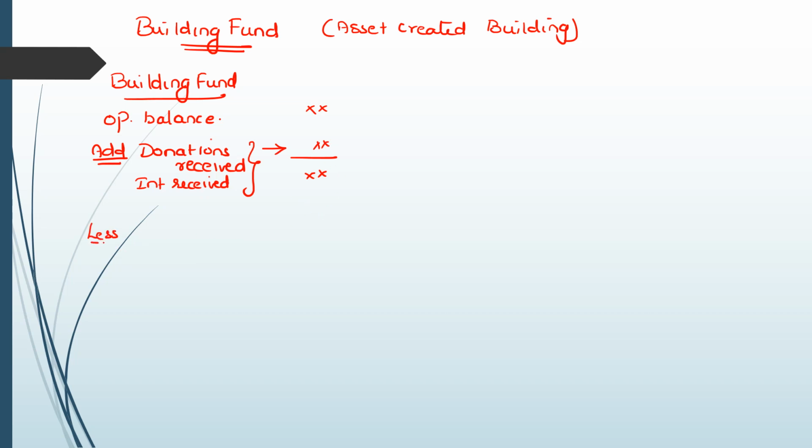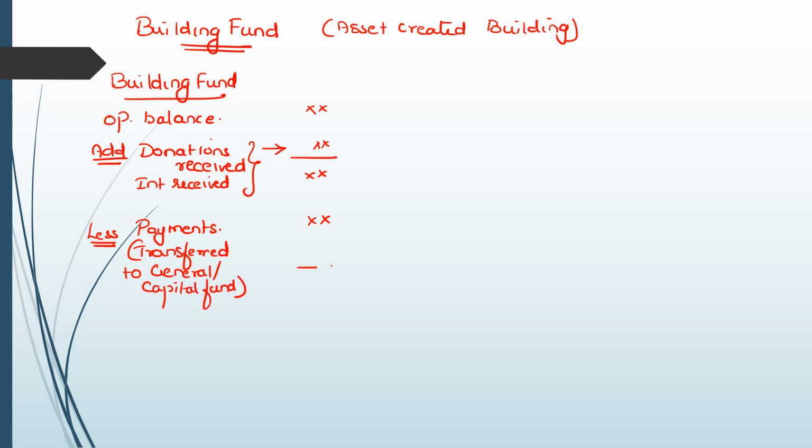From that amount, some would be spent on construction of the building. So during the year payments would have been made for the construction of the building. That would be subtracted. Now this amount which is made as payment would be transferred from the building fund to the general fund, also known as the capital fund.